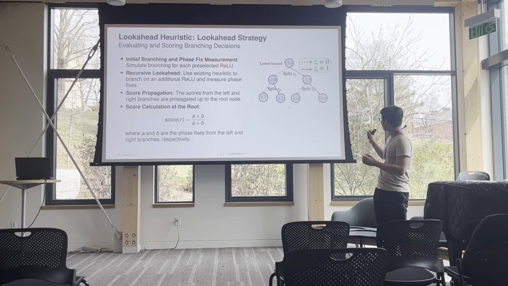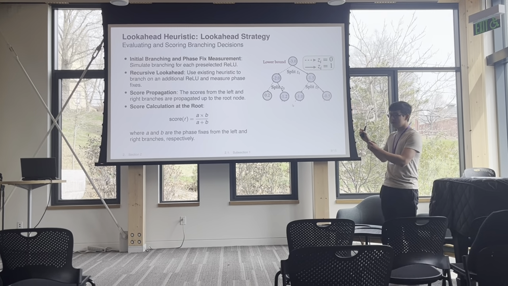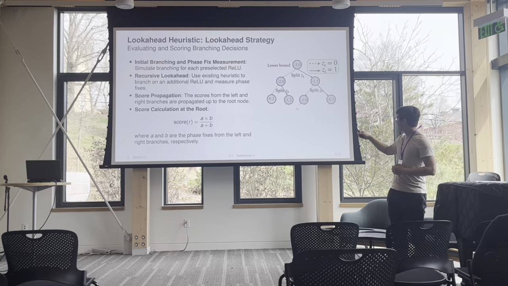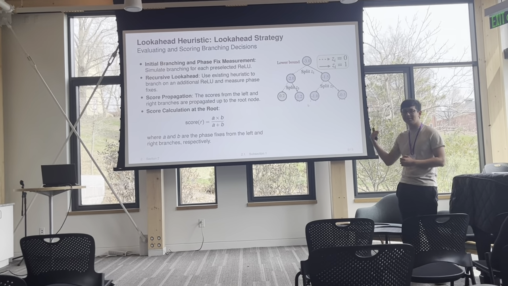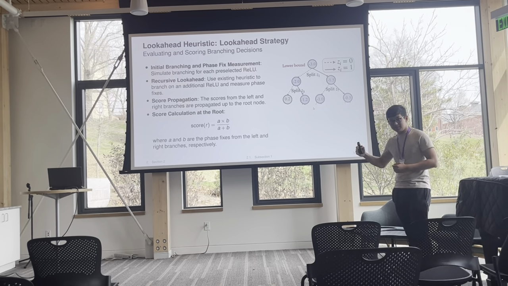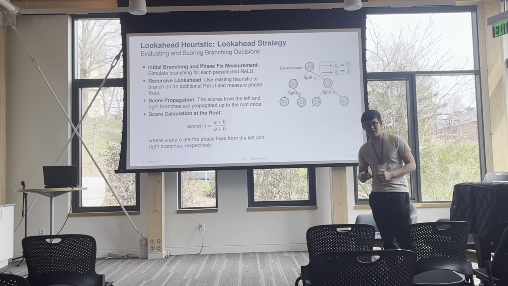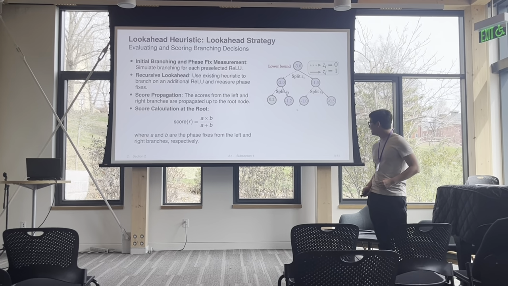And then obviously there are 4 leaves. You propagate the scores up to the parent nodes, and you use that as the values for A and B for the score for the root node. And this is also a tunable parameter for how deep you go. 2 was kind of the convergence point for Marabou, but obviously it's a tunable parameter, could change for other implementations.